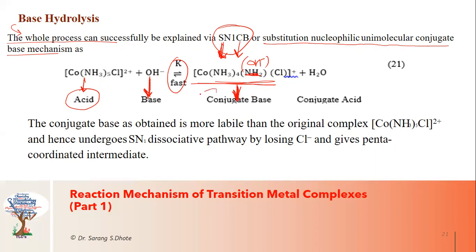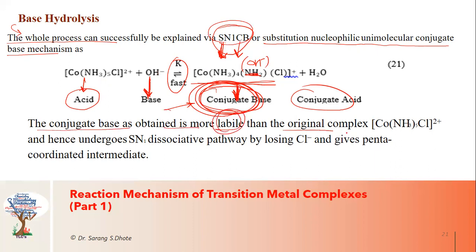तो there is a formation of a conjugate base and due to this यहाँ से आपको पता चलेगा कि आपकी reaction mechanism कौन सा होगा, SN1, that is a conjugate base. The conjugate base, as octahedral, is more labile than the original complex and hence undergoes again SN1 mechanism, that is dissociated by losing the chloride ion and gives the penta-coordinated intermediate.